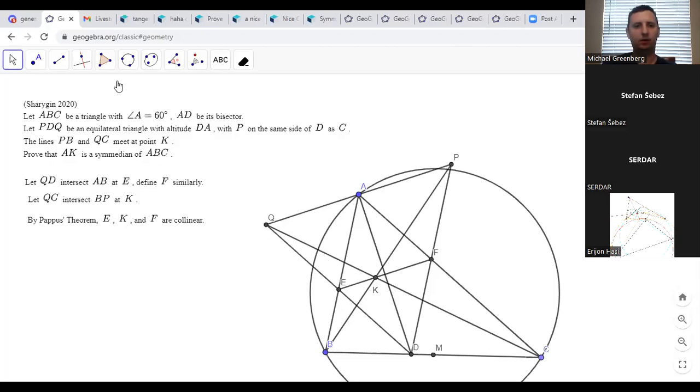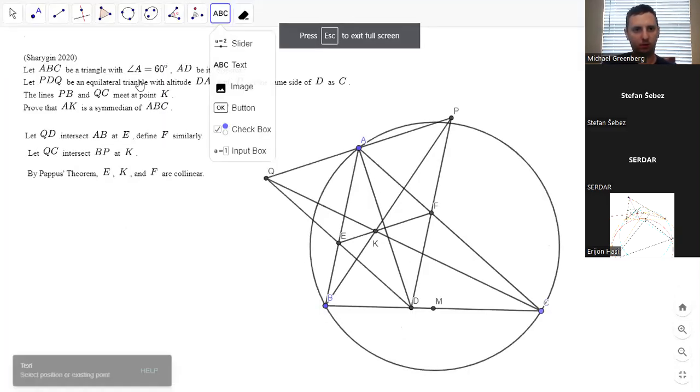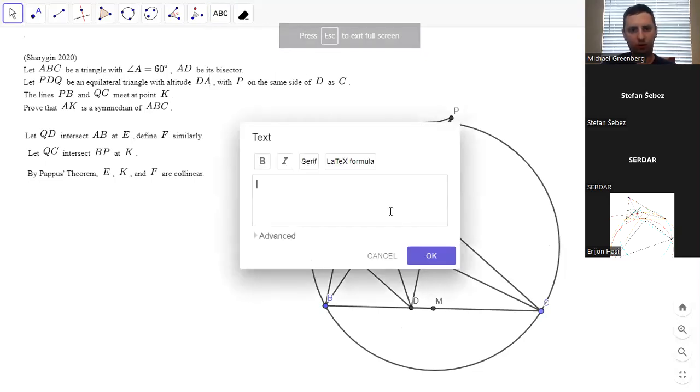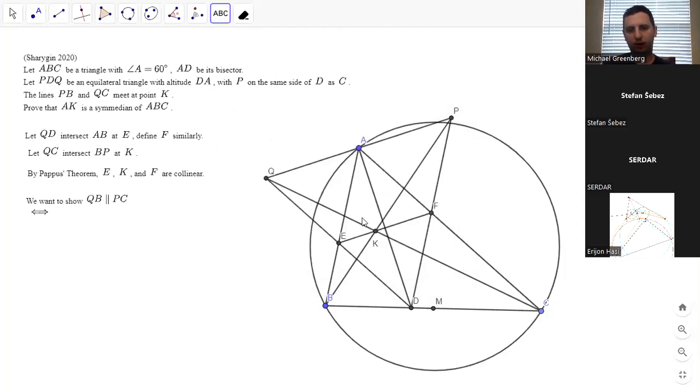Okay. We want to show that, I'll just write the proof backwards. We want to show that QB is parallel to PC, and that's true if and only if QK over KC equals BK over KP.